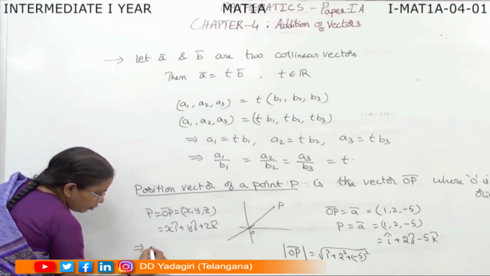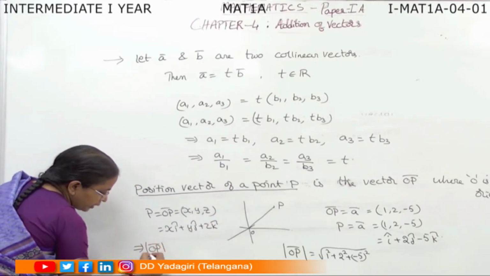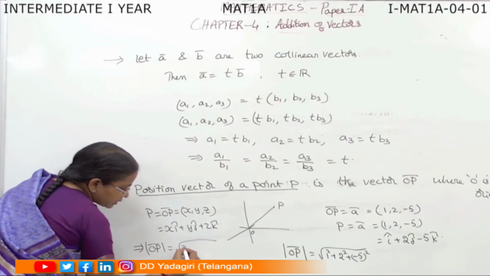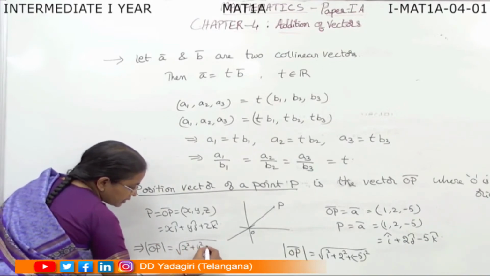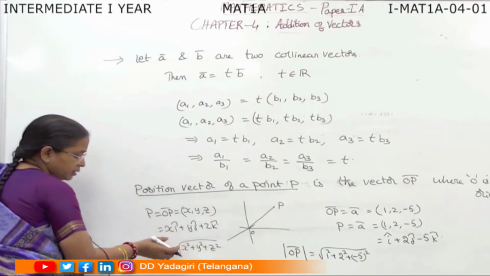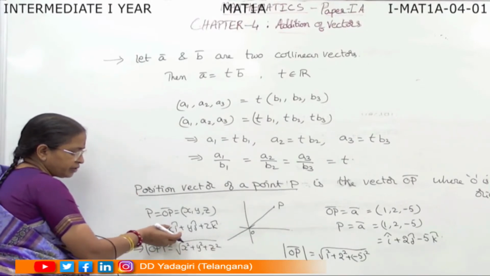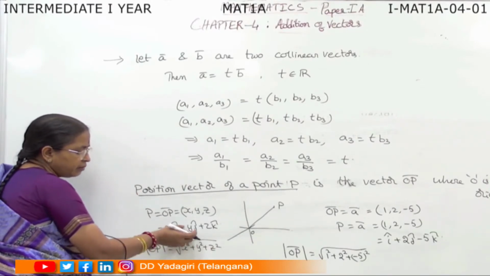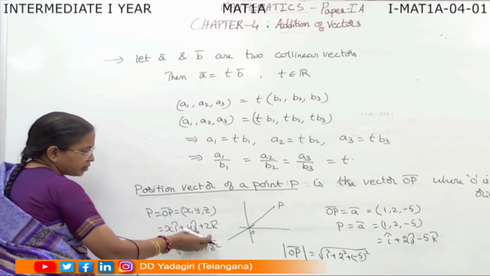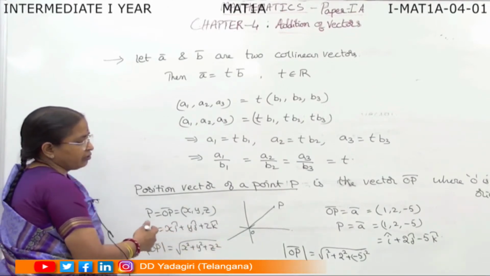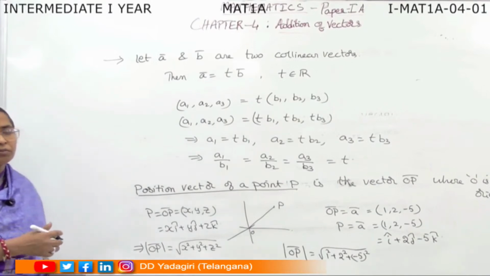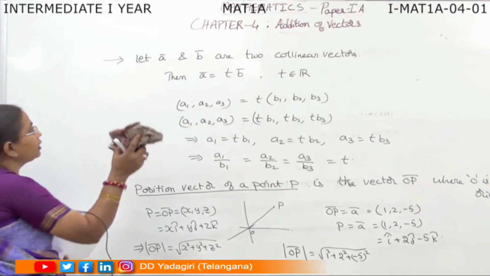Then mod OP, the length of OP, is root of x square plus y square plus z square. So it is the square root of the square of the i coefficient plus the square of the j coefficient plus the square of the k coefficient. So this is about the position vector of a point P.